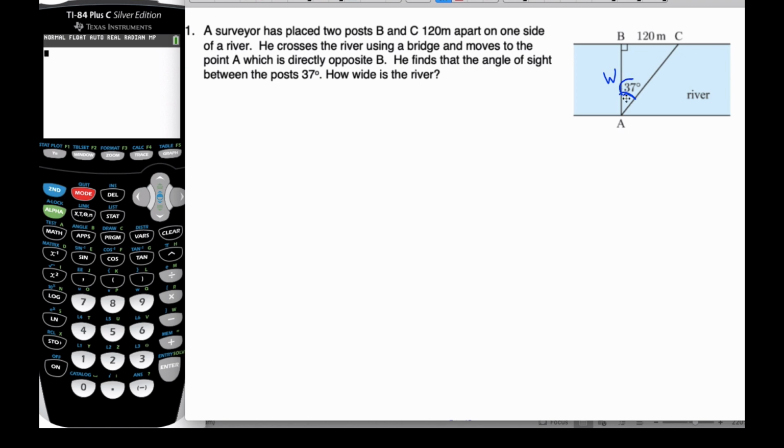So from 37, I know here is the opposite side. And then W, what I'm looking for, is the adjacent side because it's next to. AC would be the hypotenuse. So if I have opposite and adjacent, that is the tangent relationship. So the tangent of 37 is equal to the opposite side, which is 120, over W. Okay?